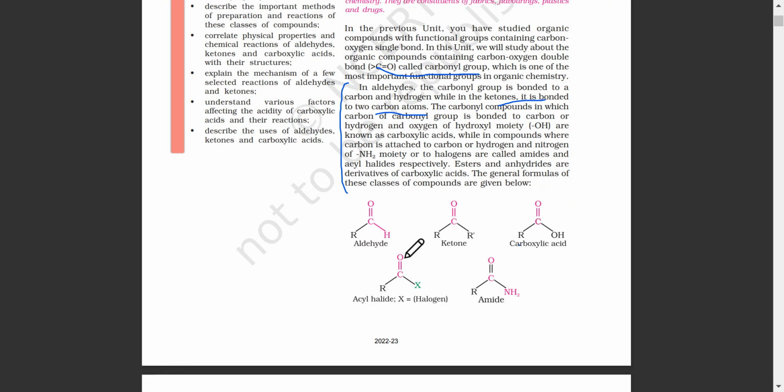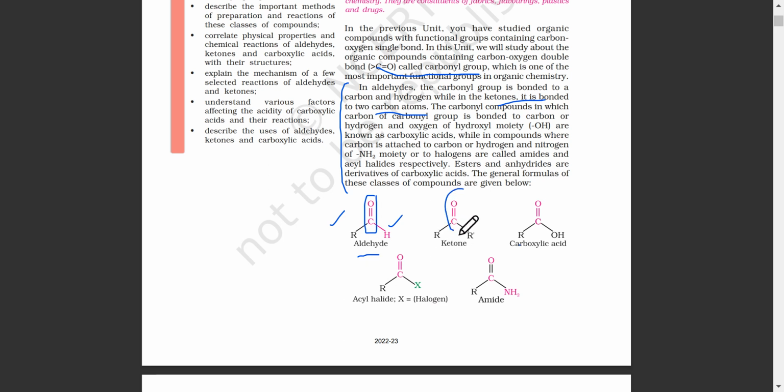It says that we've already done, like in alcohol, phenol, ether, carbon oxygen single bond, but in this lesson, we'll be discussing categories of compounds which contain a carbonyl group, which is basically the C double bond O group. Say this is going to be the constant group over here, the carbonyl group. Now if it's attached to an alkyl and hydrogen, then it'll be an aldehyde.